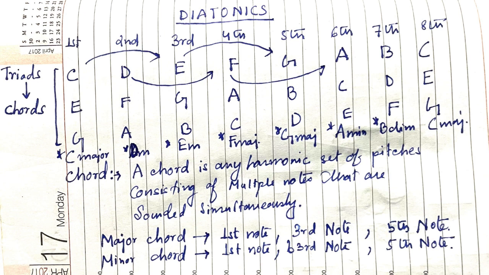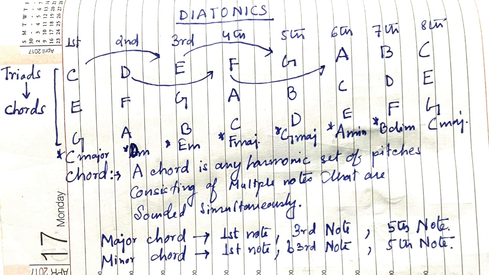This triad becomes a chord. That means when you play a C note in the C scale, this C, E, G becomes a chord. Now, what is a chord? A chord is any harmonic set of pitches consisting of multiple notes, in this case three notes, that are sounded simultaneously.